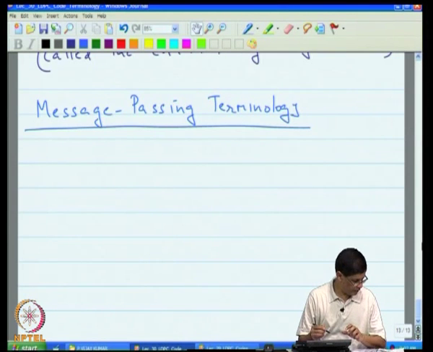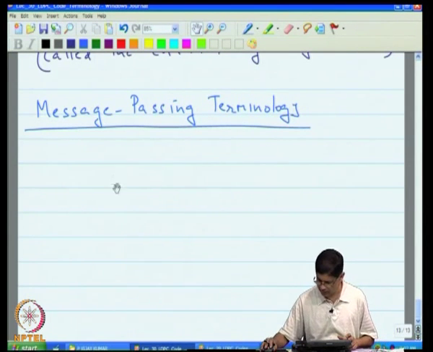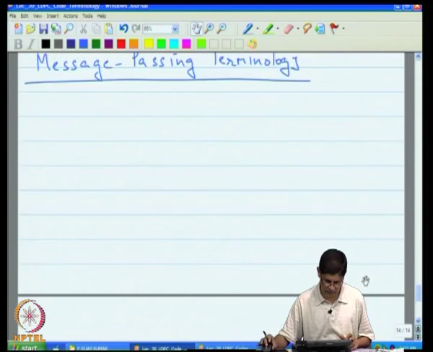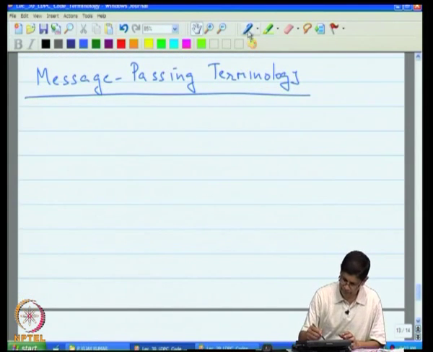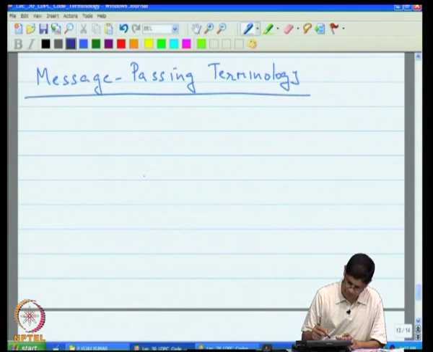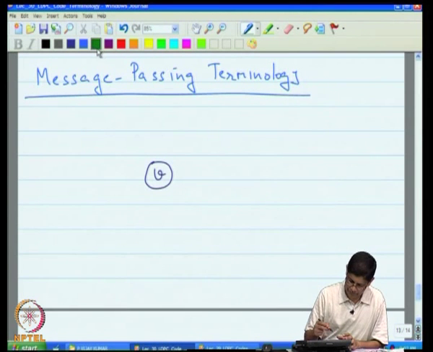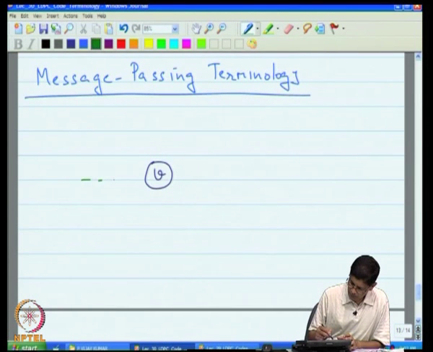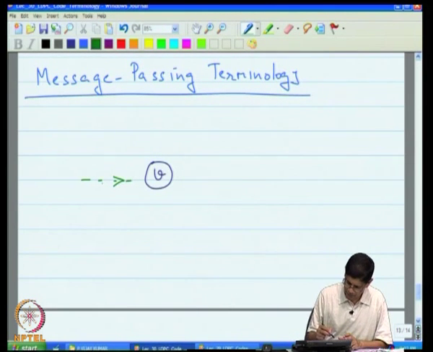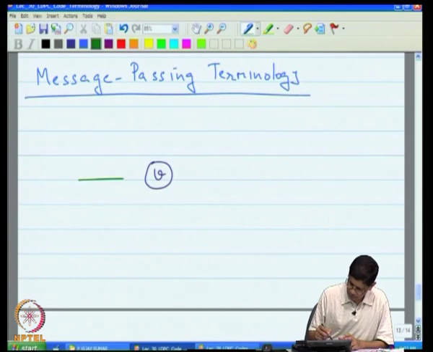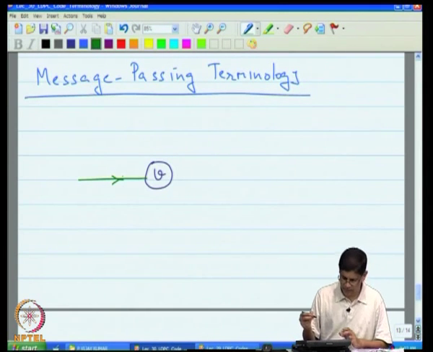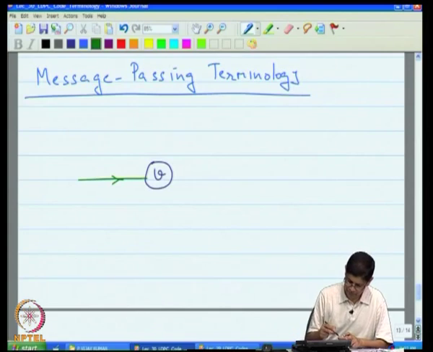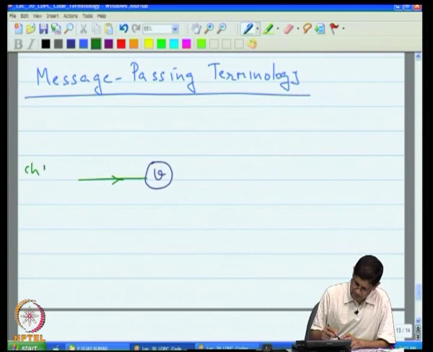So, we will draw a picture as I introduce this terminology. So, here is your variable node, and here is the input from the channel. Perhaps I should use a solid line since I am using a different color anyway. This is the input that it receives from the channel. So, we will make a note of that.